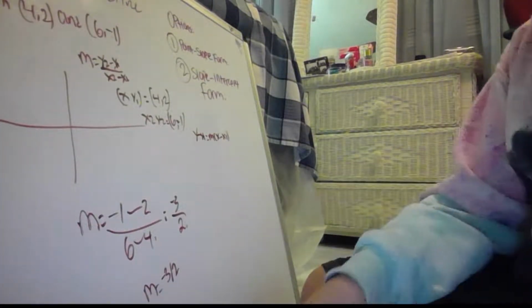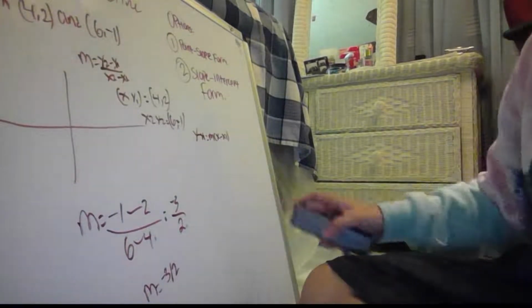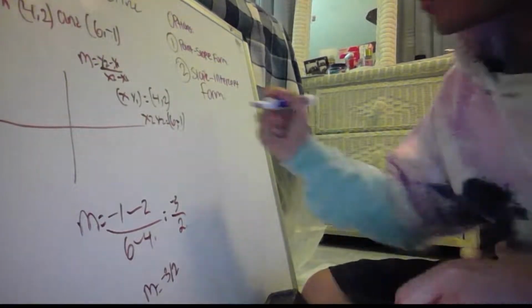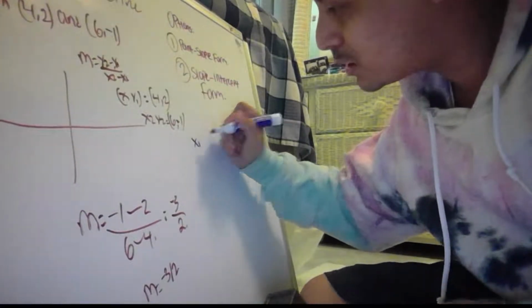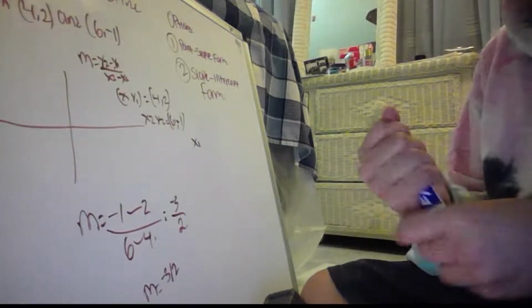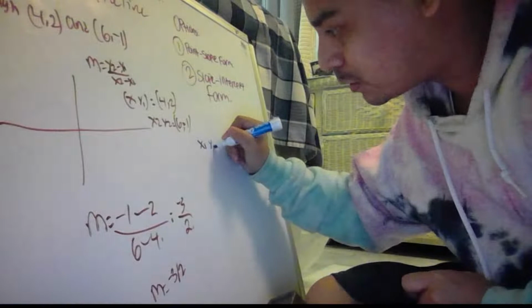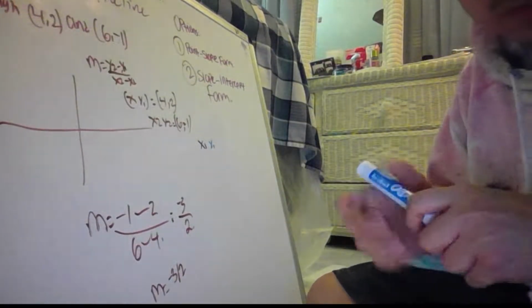If I color code my points here, I'm gonna say that. So I'm gonna do a few things. X1, Y1, right?